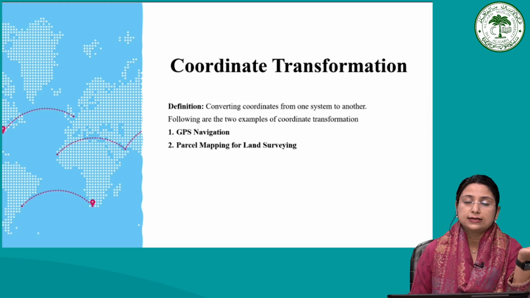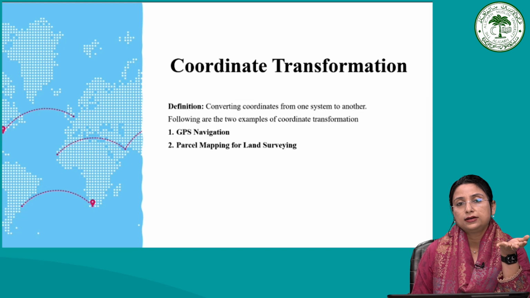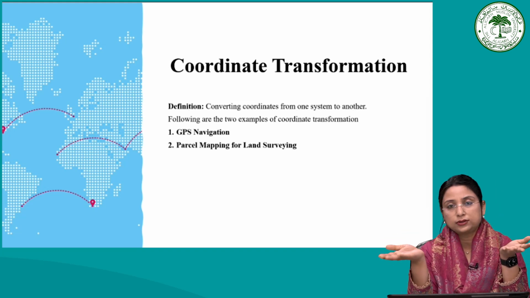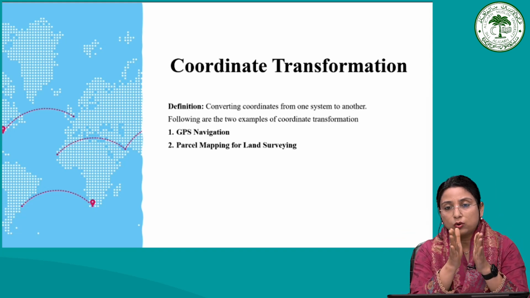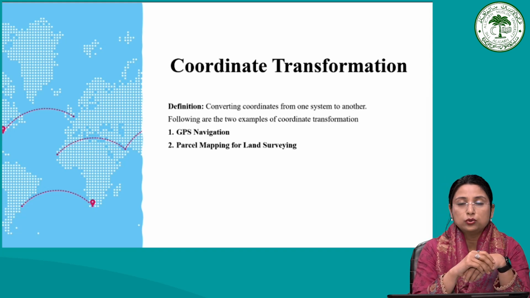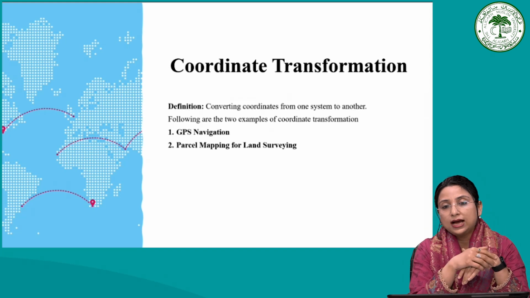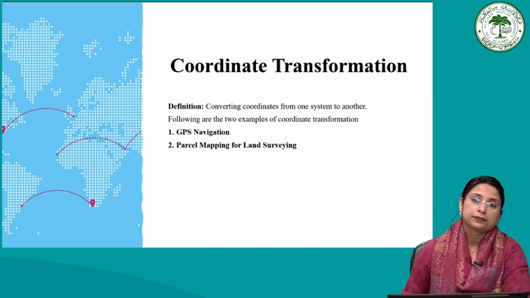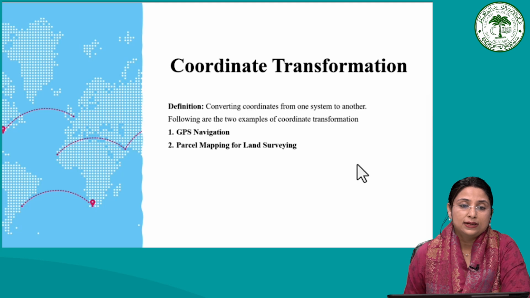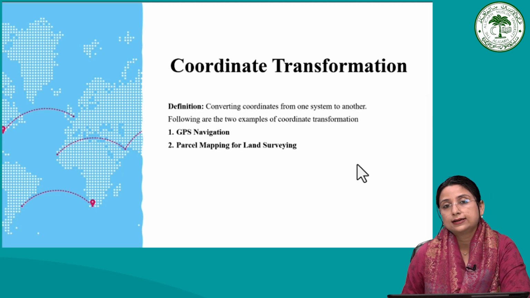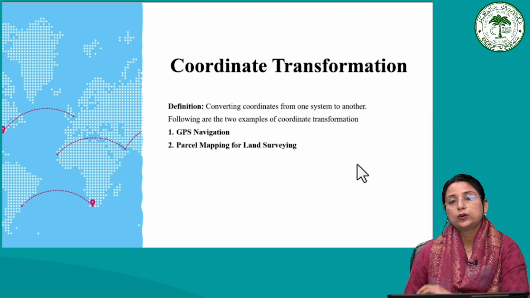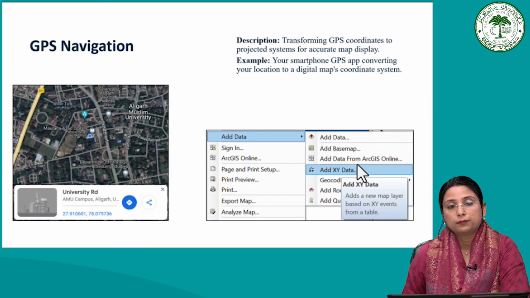Suppose one dataset has a different coordinate system compared to the other. In coordinate transformation, we transform one type of coordinate system to another. Let us take the examples of GPS navigation and parcel mapping in land surveying to understand coordinate transformation.